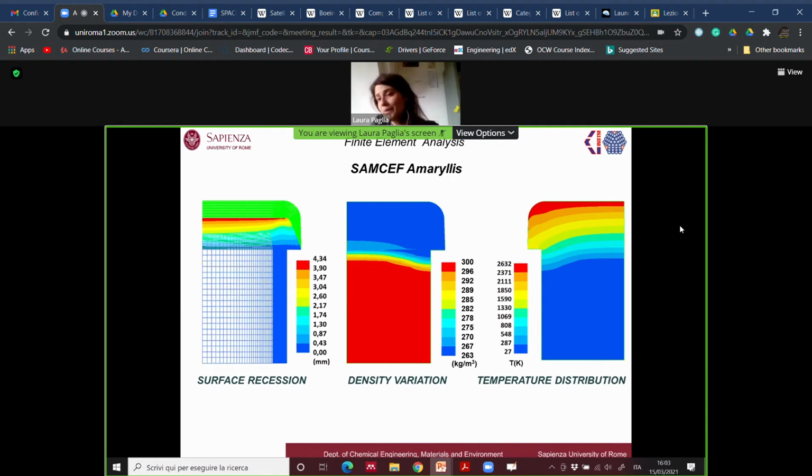I can do something very important. I can vary, I can modify some parameters. Obviously, the modification has to be very, very small. I cannot change too much the density of the material.